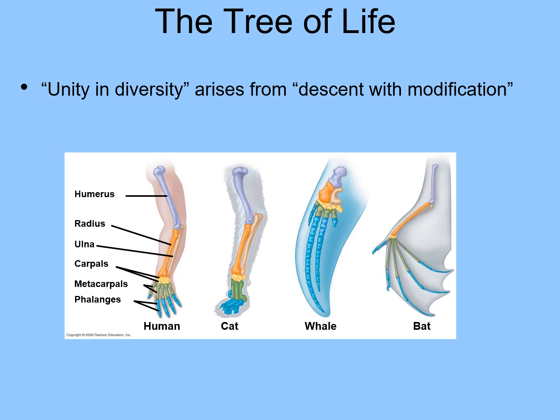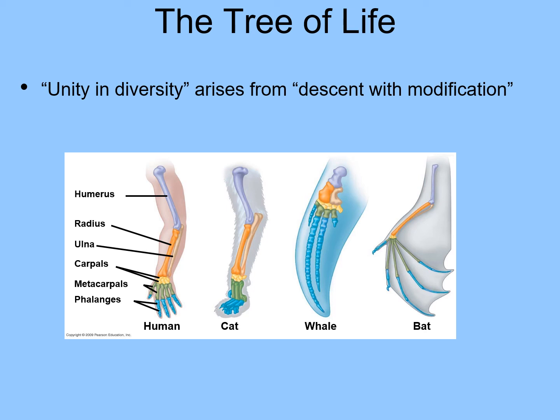If we look at a whale fin, the bones look different, but the pattern is the same. 1 bone, 2 bone, lots of bones, finger bones, and that allows them to more easily move their fins through the water for swimming. And in a bat, look how skinny the bat bones are. 1 bone, 2 bone, lots of bone, finger bones, because they need to be light because they have to fly. And they are there to kind of separate the wing structure so that they can take flight more easily.